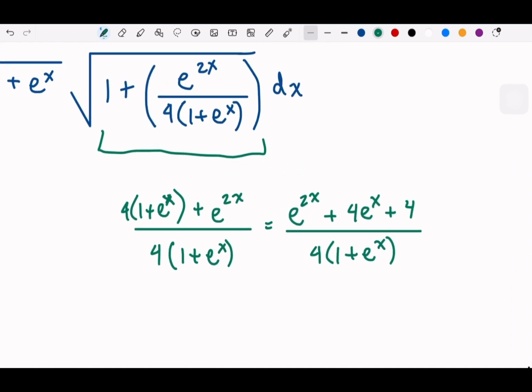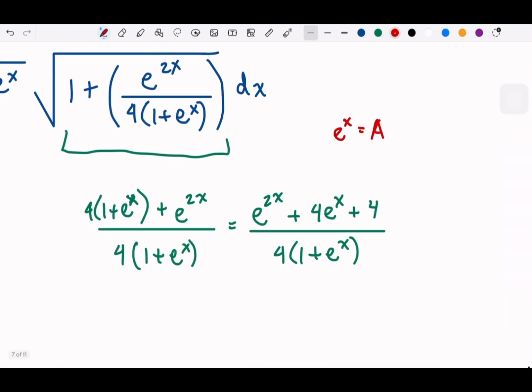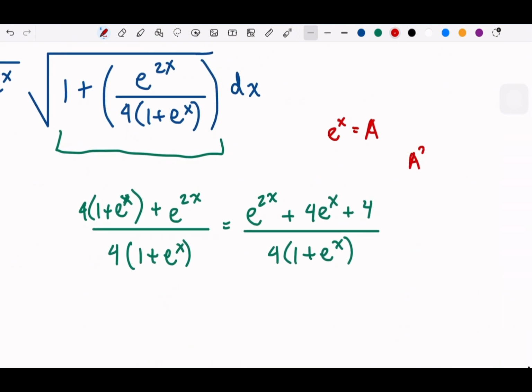So if we see here, if you are trying to exercise yourself, you could make the e to the x as maybe a. So this will be a squared plus 4a plus 4. I think it's much more clear, right?